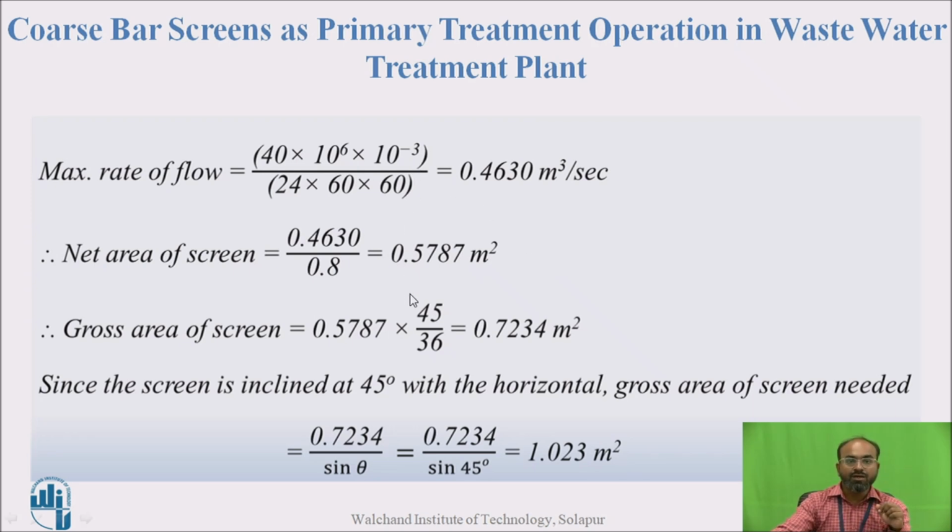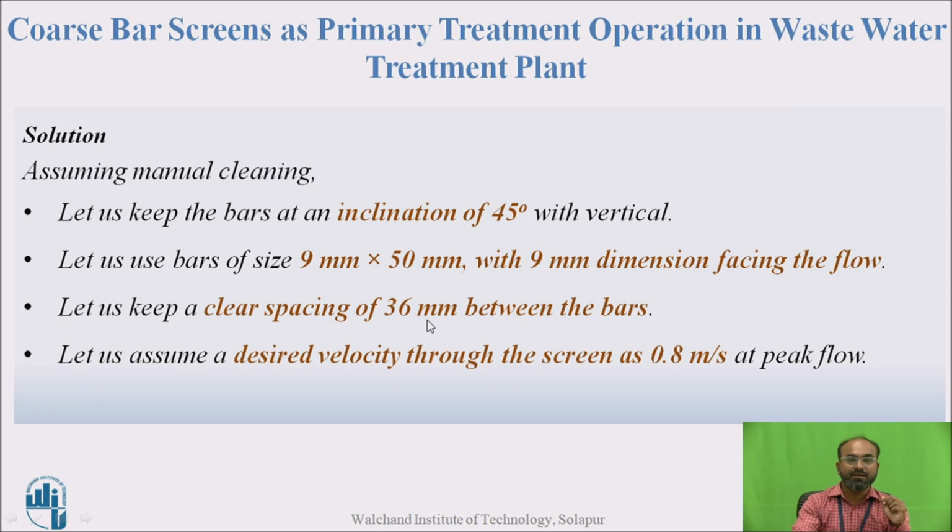As this is a net area, what should be the gross area, that is of total screens? So 0.5787 multiplied by 45. Where is the 45 coming from? Basically, this is the 36, that is clear spacing, and this is the 9 mm which is facing the flow. So 9 plus 36, that is 45.